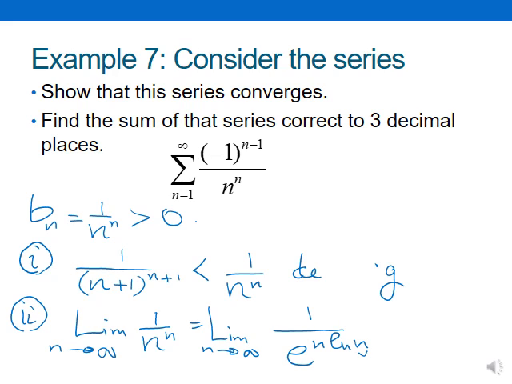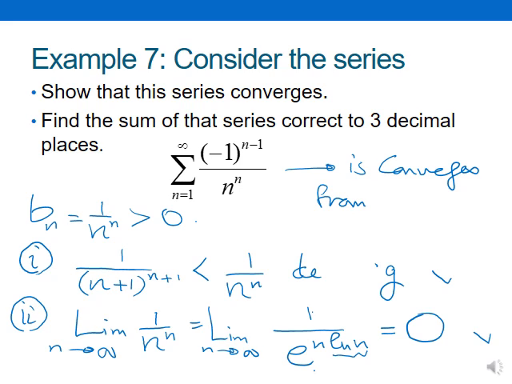I know that ln infinity is infinity and e to the power infinity is infinity. 1 over infinity is 0. The second condition is satisfied. I can apply the alternating series test, and this series is definitely convergent by the alternating series test.